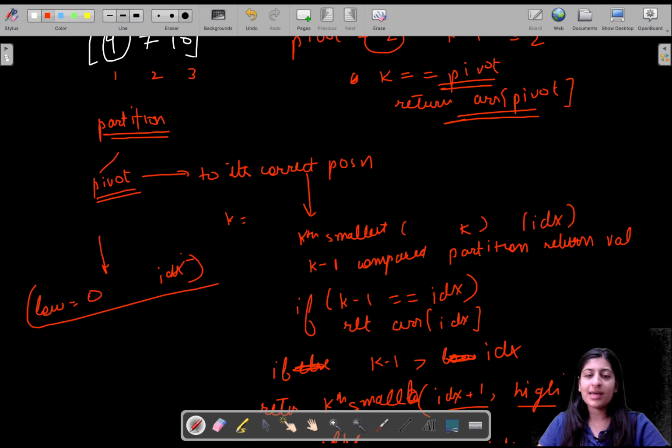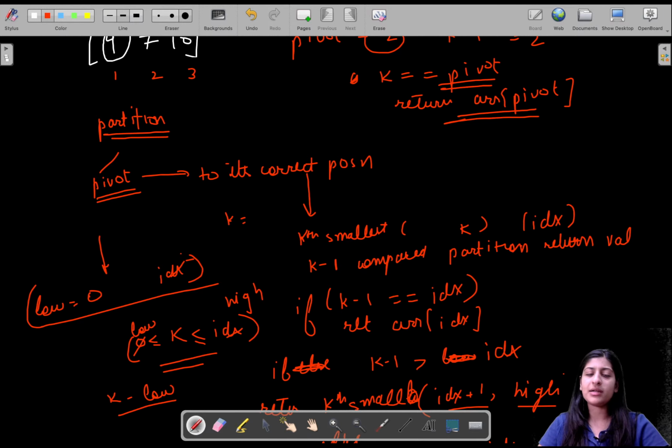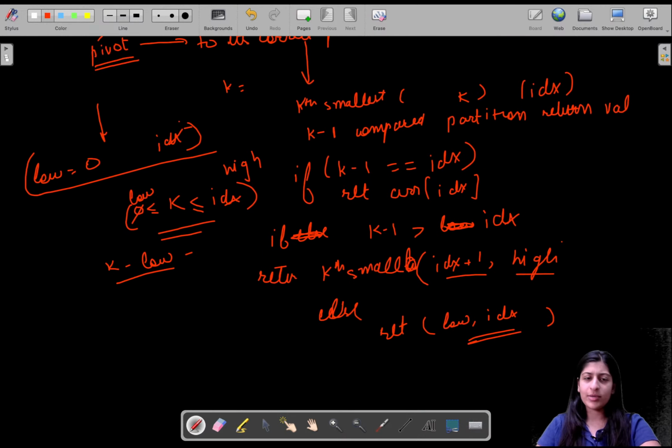So whenever k is less than or equal to idx and greater than or equal to 0, in that case you can simply do k minus low. If this is your low and this is your high index, you can simply say k minus low minus 1, depending upon how we do it. So k will lie between this range.